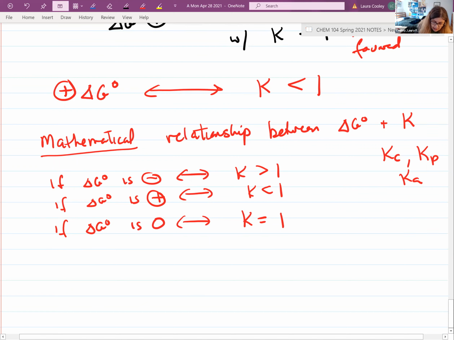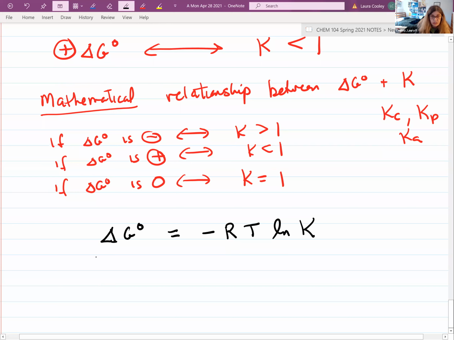So what is this mathematical relationship that sort of magically puts this all together? And here it is. Delta G0 is minus RT times the natural log of K. Now, delta G0 we usually want in kilojoules per mole. So that would mean that we would use R, again the gas constant, in kilojoules per mole Kelvin, so that when we multiply by the temperature in Kelvin, we're going to get a cancellation there.